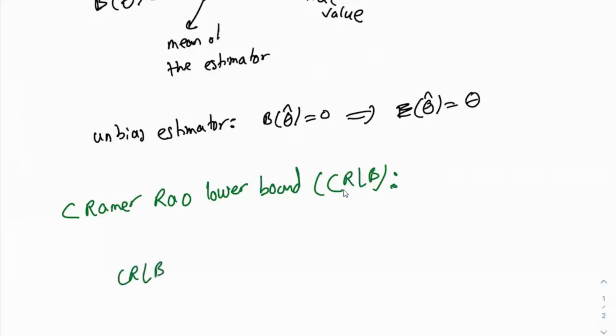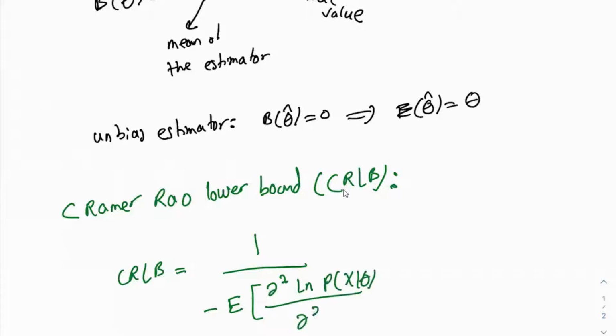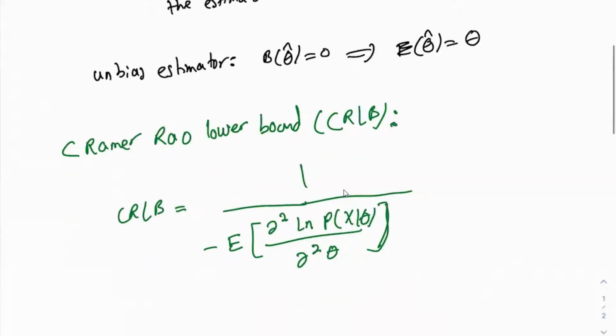Mathematically, it is defined as 1 over the negative expected value of the second derivative of the log likelihood, log p of x given theta, with respect to theta.